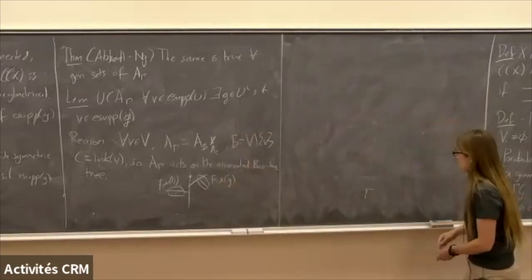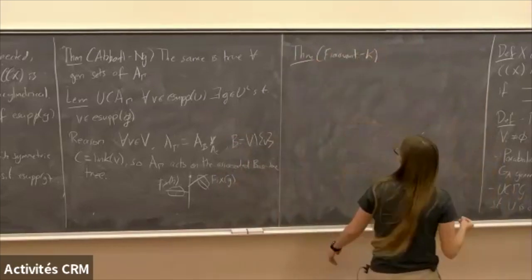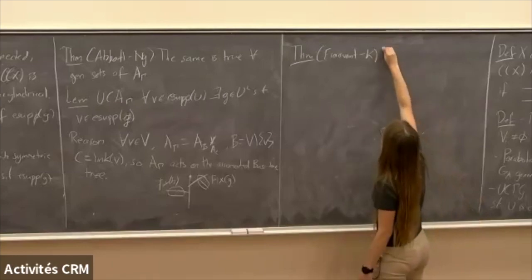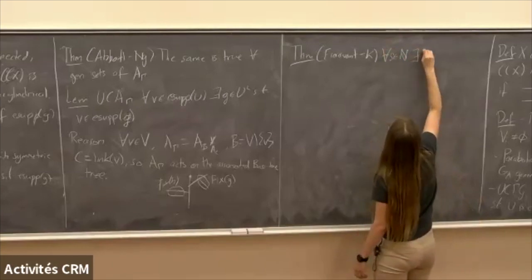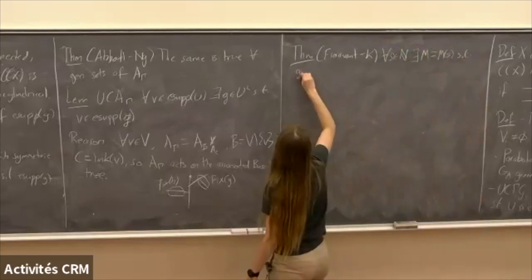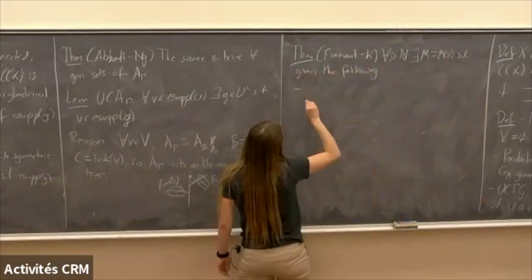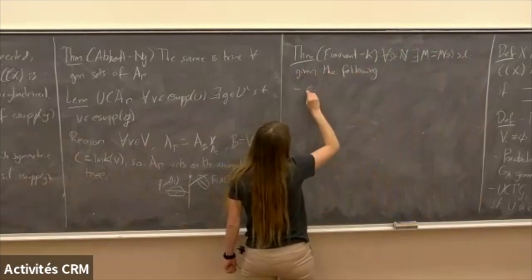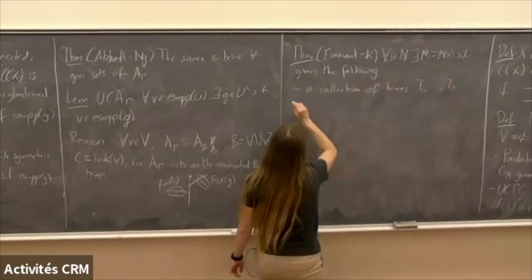So the result we need is the following. I'm at least not aware of it being elsewhere, which is that for every natural number, there exists some constant, such that given the following situation. Firstly, that we have a collection of trees, T1 up to TS.